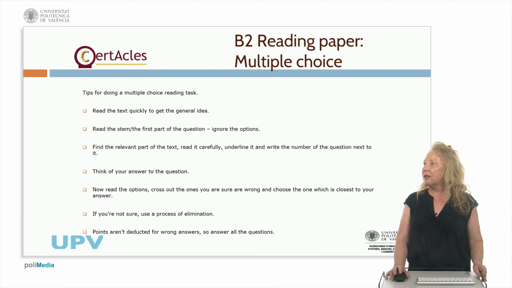Underline it and write the number of the question next to it. Think of your answer to the question. Now read the options. Cross out the ones you're sure are wrong and choose the one which is closest to your answer. If you're not sure, use a process of elimination. Points aren't deducted for wrong answers, so answer all the questions.